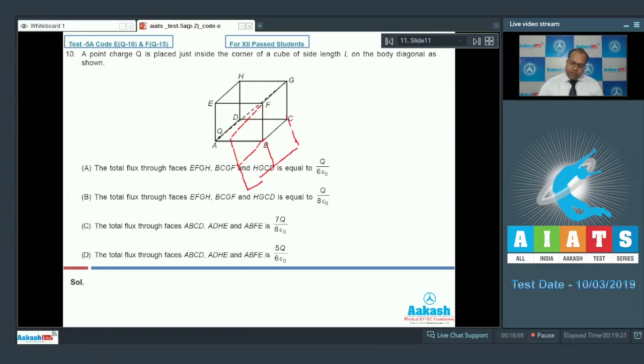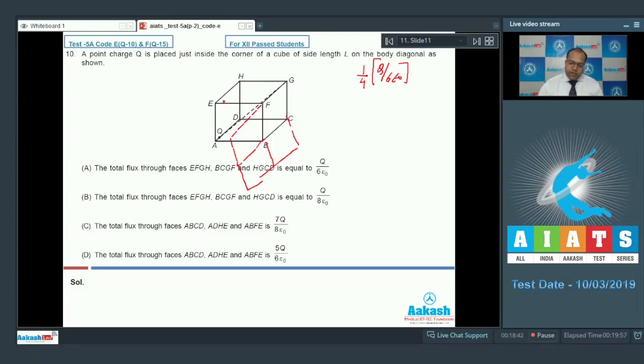Then the total flux through this complete face is given by Q by 6 epsilon naught, and the flux through this face BCGF is given by 1 by 4 of this. Now for the original cube of side length L, face BCGF, face EFGH and the face CDGF, the flux through all these three faces is the same.